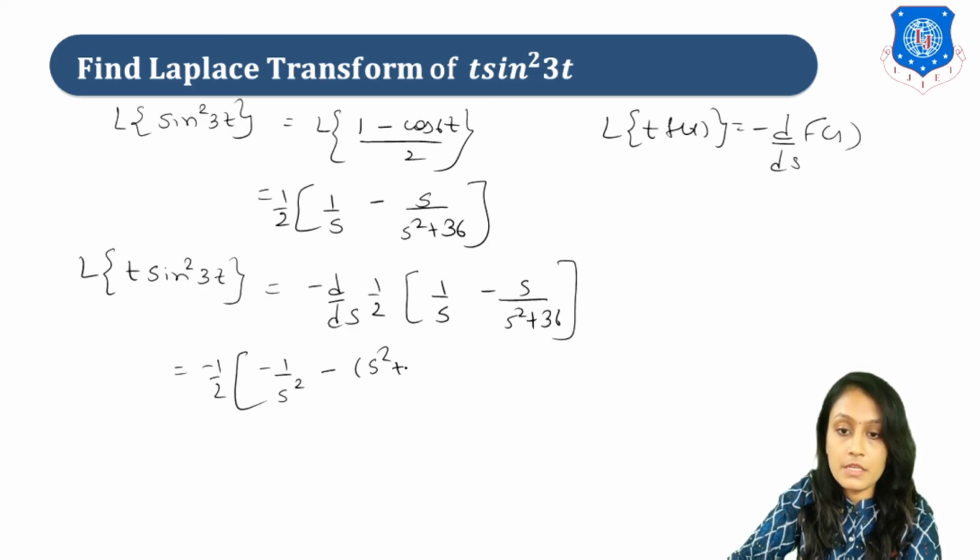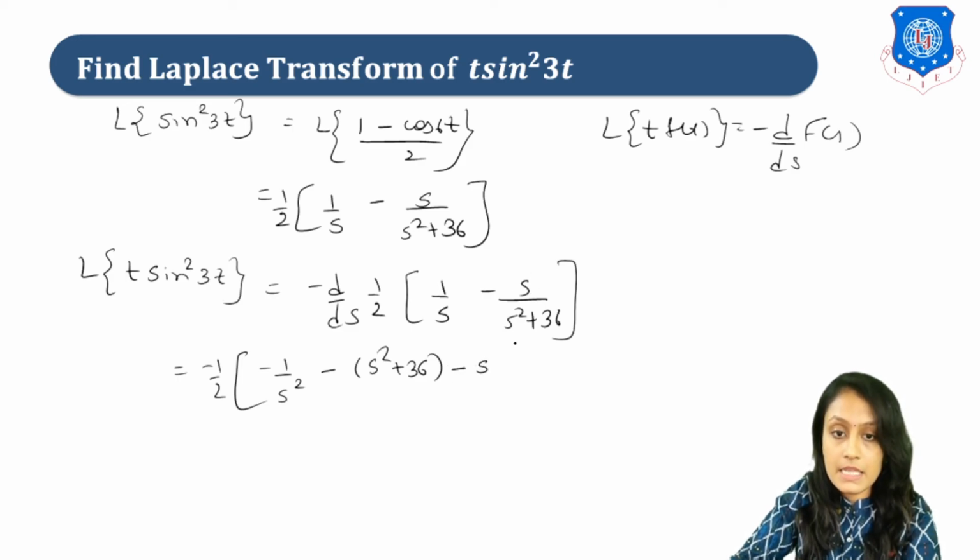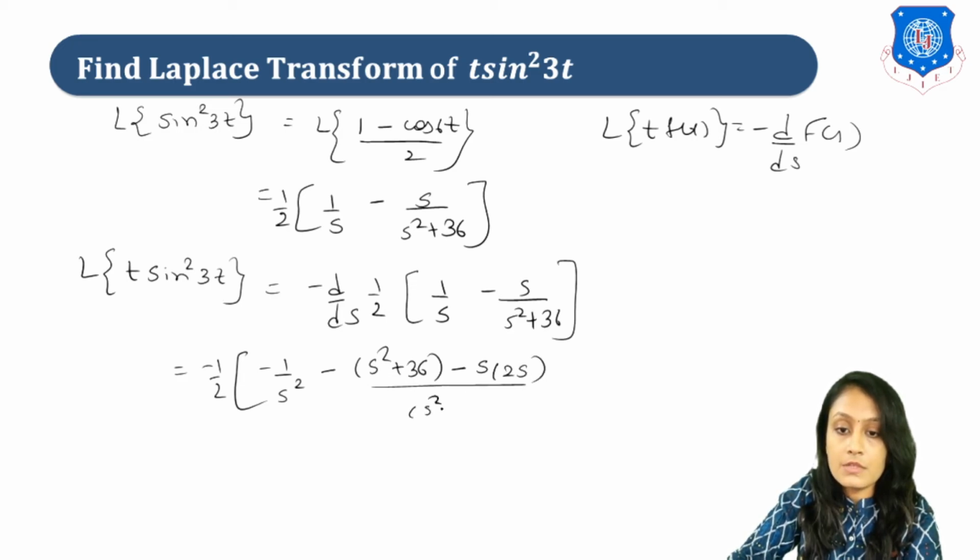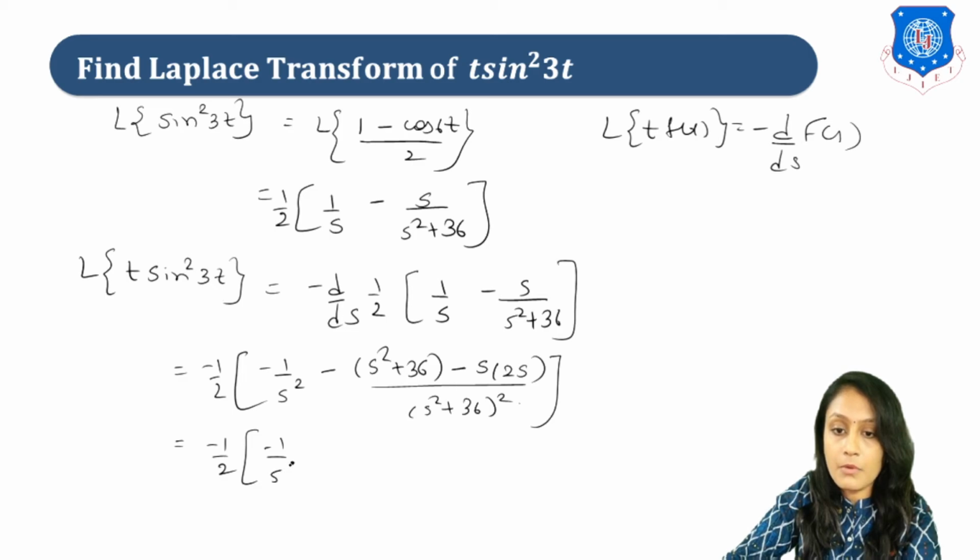For s upon s square plus 36: s square plus 36 times the derivative of s, which is 1, minus the numerator s as it is times the derivative of the denominator, 2s, upon s square plus 36 whole square. Just simplify: minus 1 upon 2, minus 1 upon s square, here minus as it is, then s square plus 36 minus 2s square upon s square plus 36 whole square.